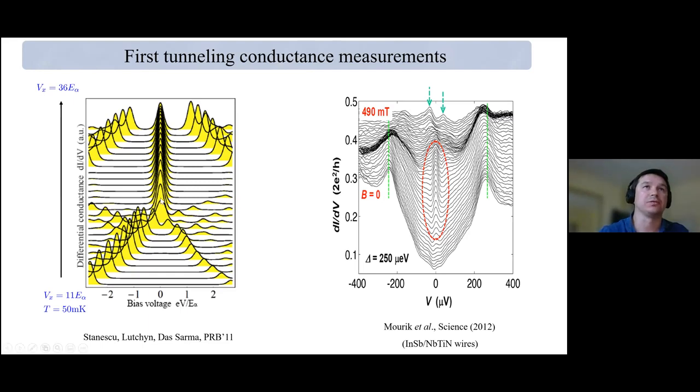This is the calculation for the model. But you see a lot of other things like a soft gap at zero field, and it was clear, soon after this experiment, that material improvements are needed, and actually material improvements are driving the quality of devices even up to today.